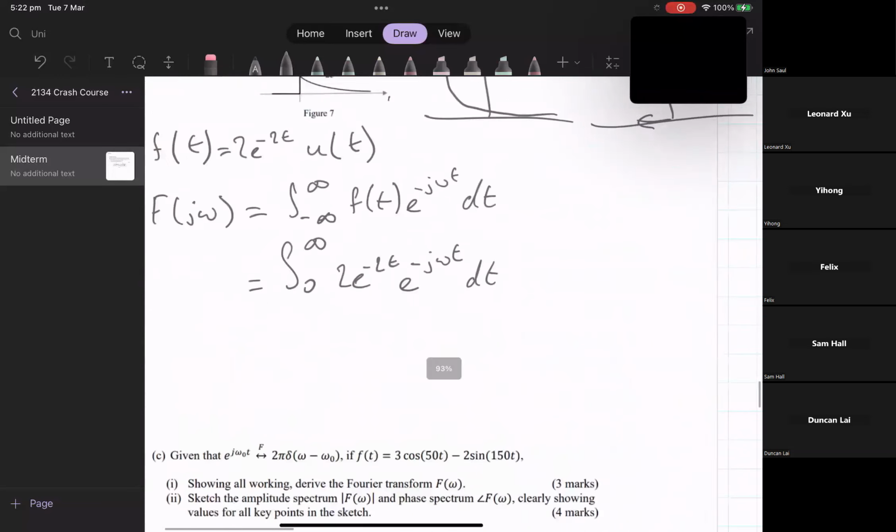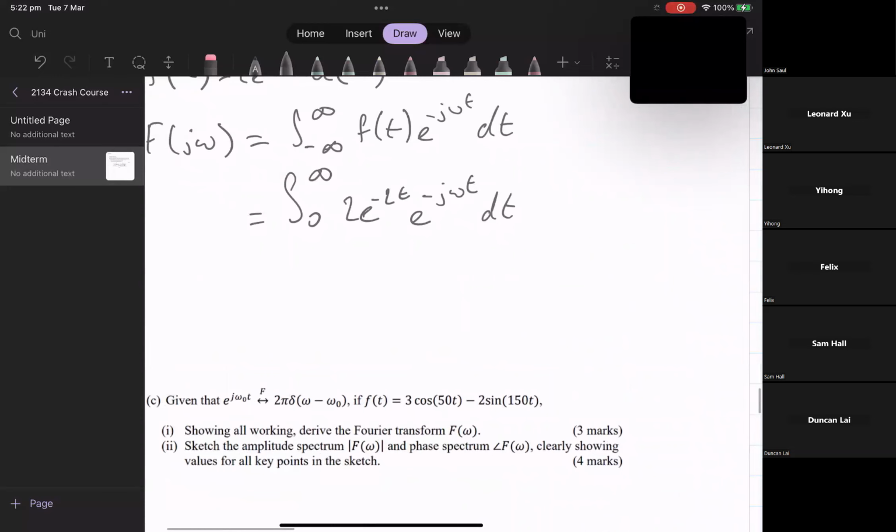Okay, and then this is just a matter of solving the integral. First I'll simplify it. We have two exponentials.